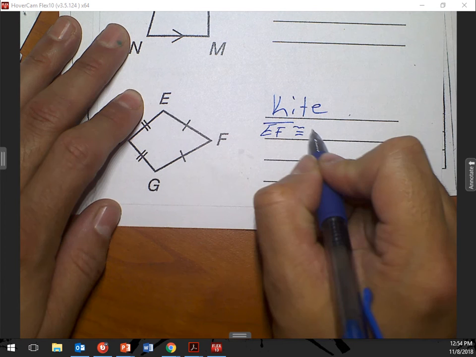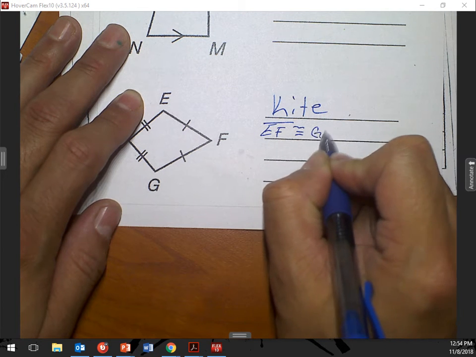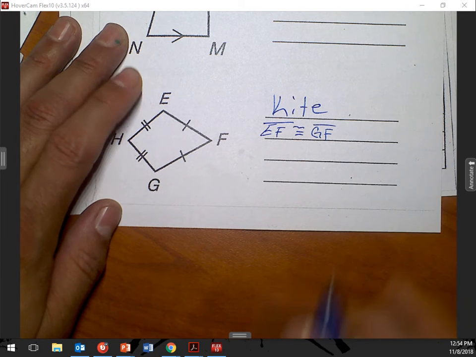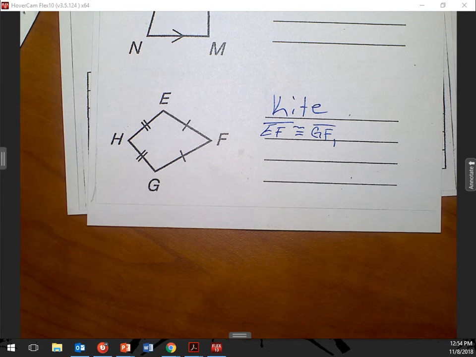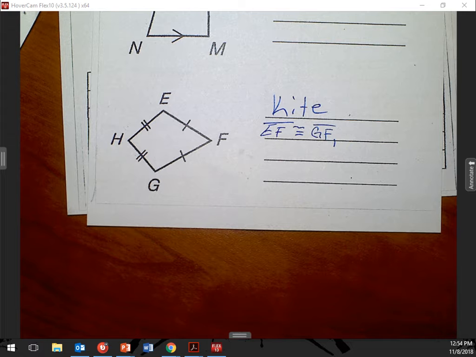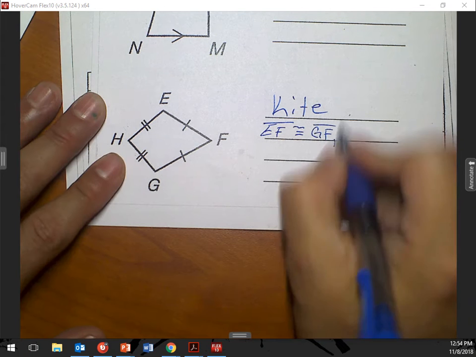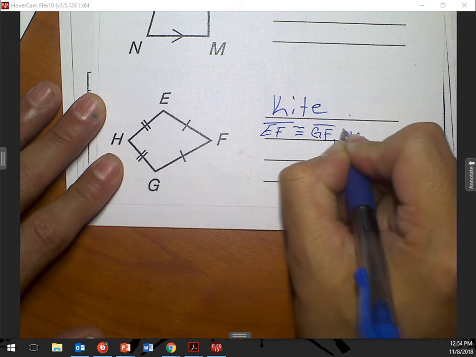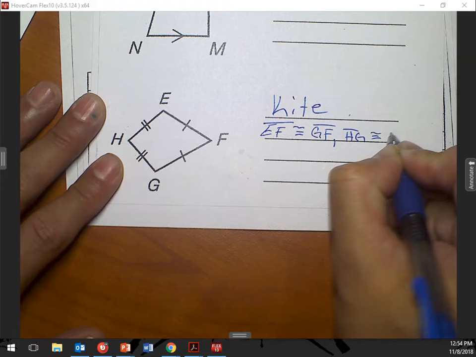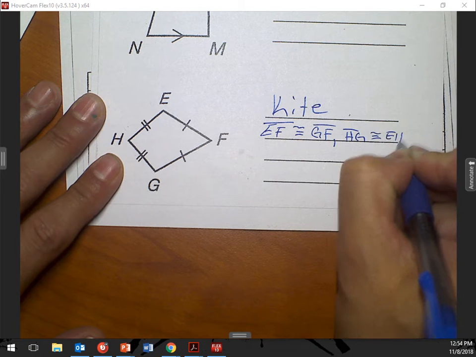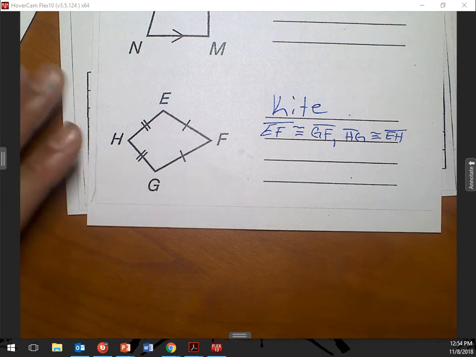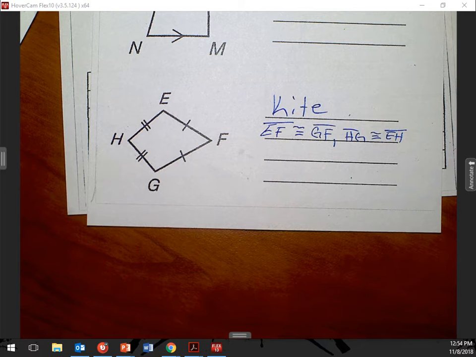GF or FG, that works. It's the same line segment, right? What else do we know? HG is congruent to EH. HE, EH, same thing.